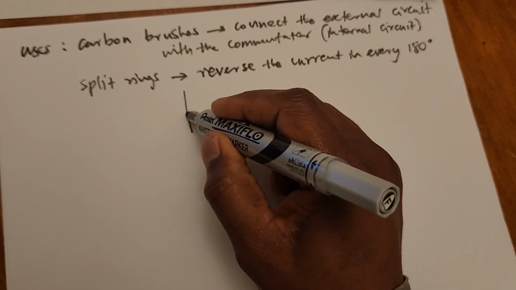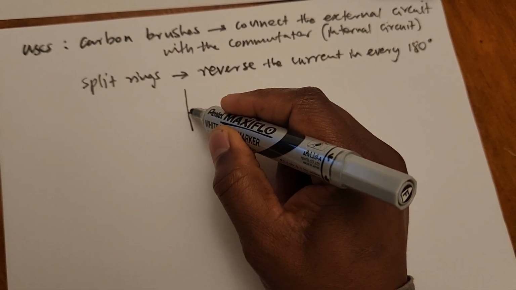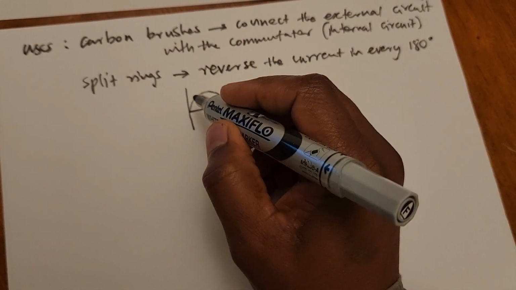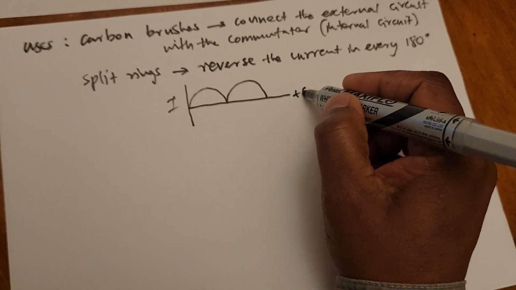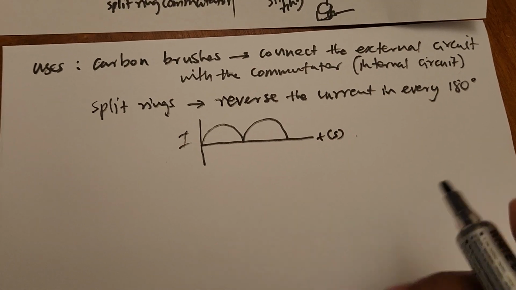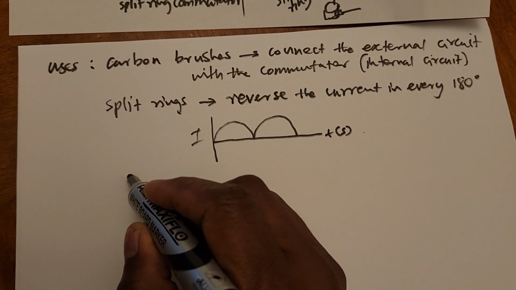This is what will be happening in a nutshell. After every 180, the current will be reversed. If this is the current and this is the time, then this will be the graph of voltage or current against time. The current is reversed every 180.